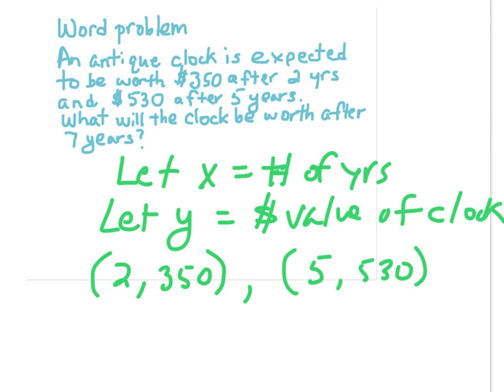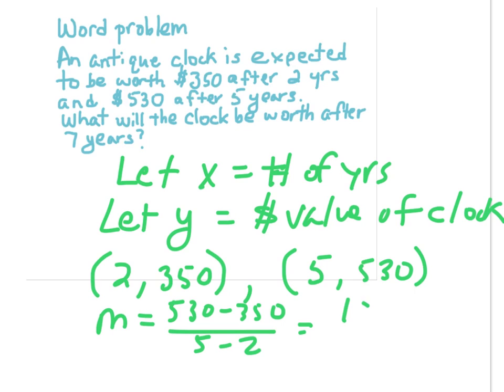Now what I'm going to ask you to do is find the slope first. So that's 530 minus 350 over 5 minus 2. So 530 minus 350 is 180, right? 180 over 3, slope is 60, and that means $60 per 1 year.